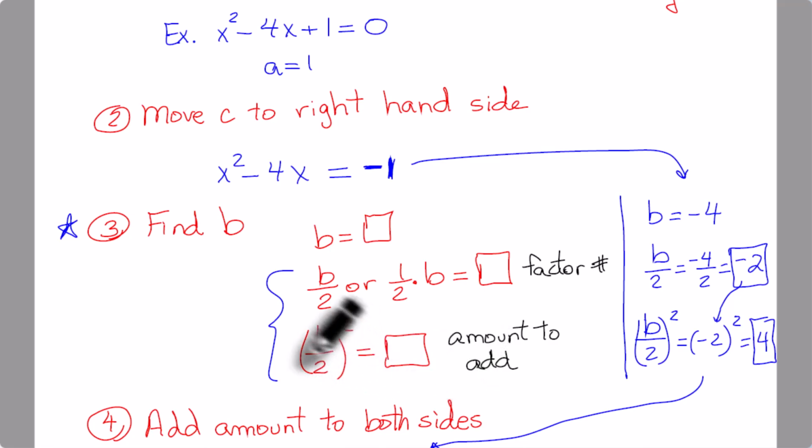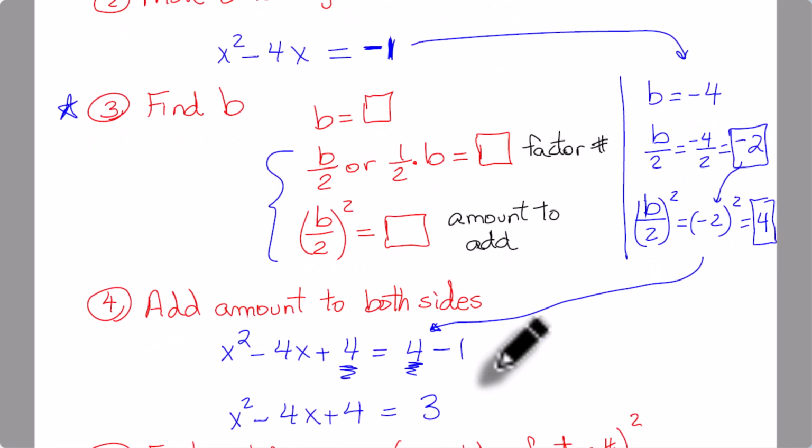We take the B over 2 squared, and I'm going to add that to both sides. So let's see, here's where I was before. My B over 2 squared was 4, and now I'm adding it into both sides. Leave the left side alone and simply combine the right.